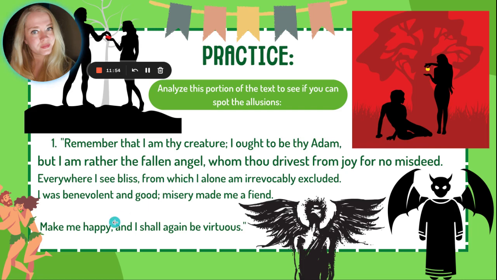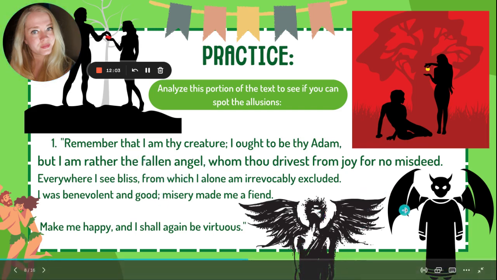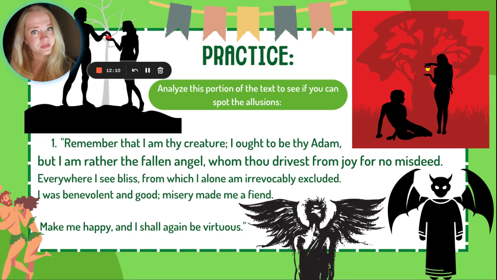And we have the other reference where he is alluding to the fallen angel. The fallen angel is God's glorious creation that was made to be absolutely perfect. And then God decides to create human beings, and he casts out his perfect creation, even though it had done nothing wrong. And so those two allusions really add to our understanding of the plight of the creature.